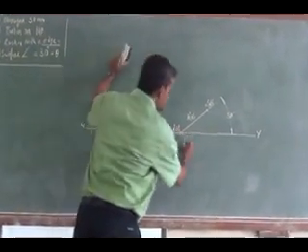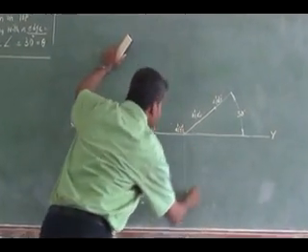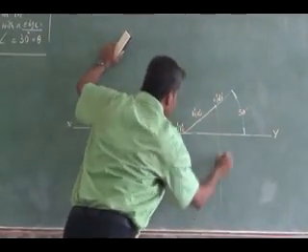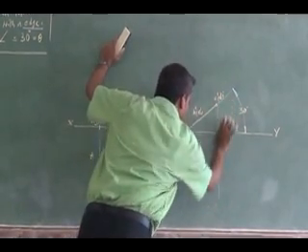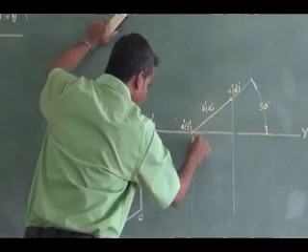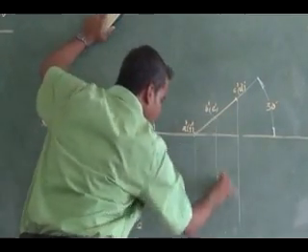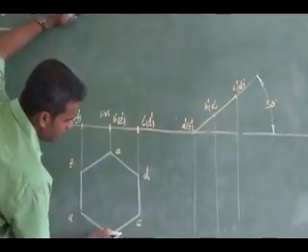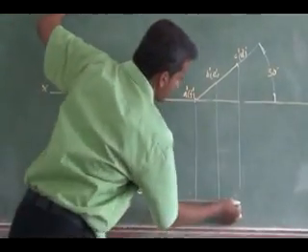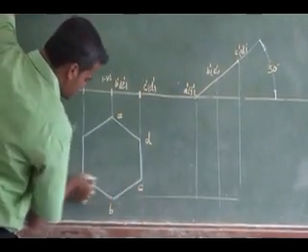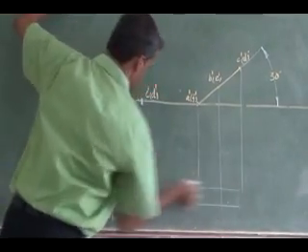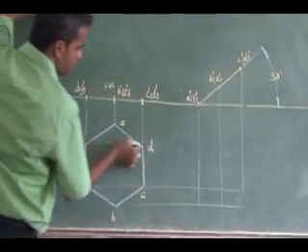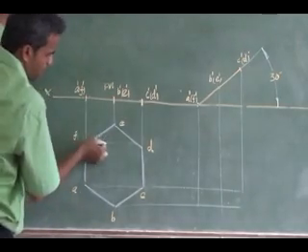I can draw vertical projectors from this final front view from all the corners. I'm drawing horizontal projectors from the previous top view. So A and C will coincide. So F and D will coincide.